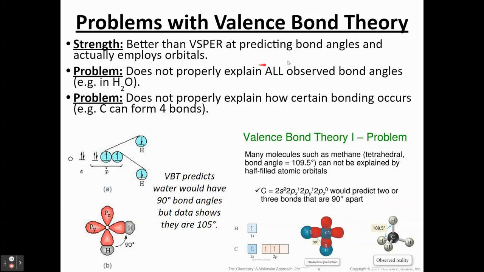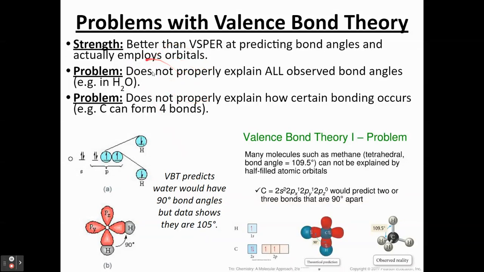In some situations, when we use valence bond theory, the way we draw it and the way the orbitals overlap, the angles don't end up being where they should be. So if you were looking at the example of water, water has a bond angle of 105 degrees, or approximately 104.5. But if you use valence bond theory and you show the orbital overlapping, when you do modeling, you get a 90-degree bond angle, which doesn't match up with what water is actually supposed to be.